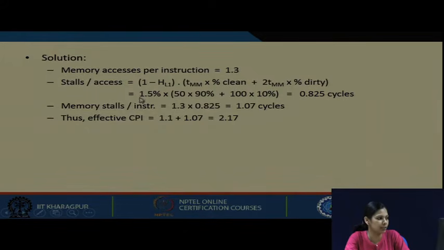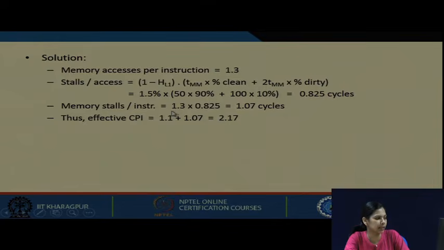So now let us have this as 1.5% miss, and 50 is the miss penalty, and then 90% of the time it is clean because it is dirty for 10% of the time, and twice the miss penalty will be 100, which is coming down to 0.825 cycles. Now we see the memory stalls per instruction.